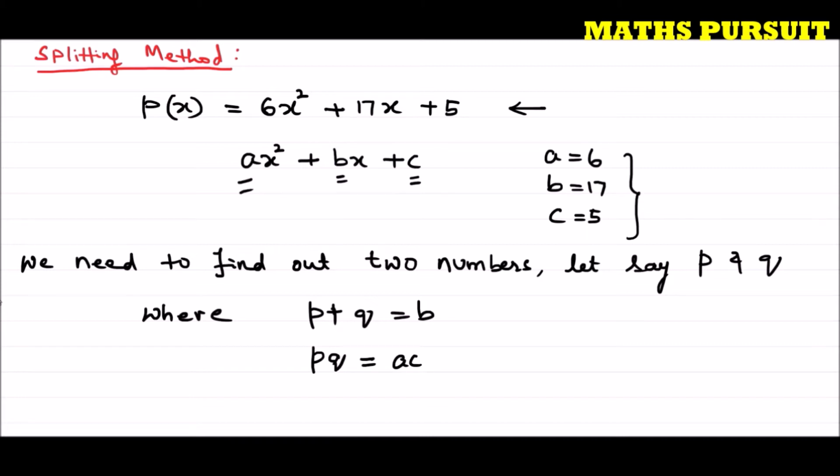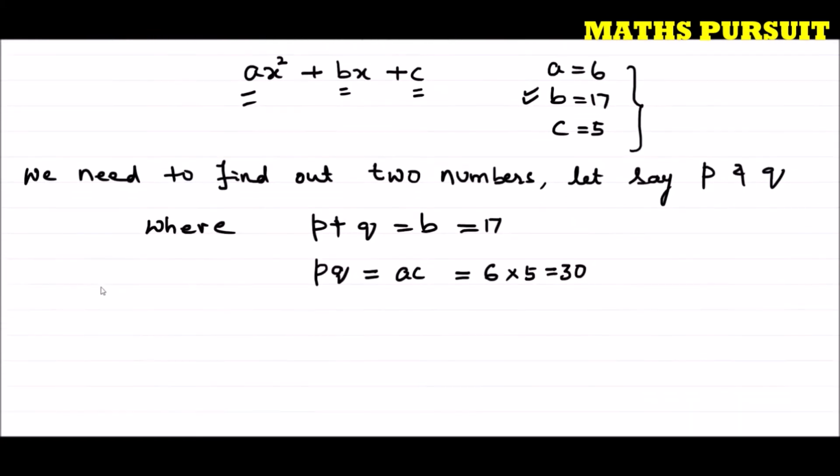So p plus q is equal to b, that means 17, from our given polynomial. And pq is equal to ac. The value of a is 6 and the value of c is 5, that means this is equal to 30. So we need to find two numbers p and q, where p plus q is equal to b, which is 17 here, and the product of p and q is equal to ac, which is 30 here.